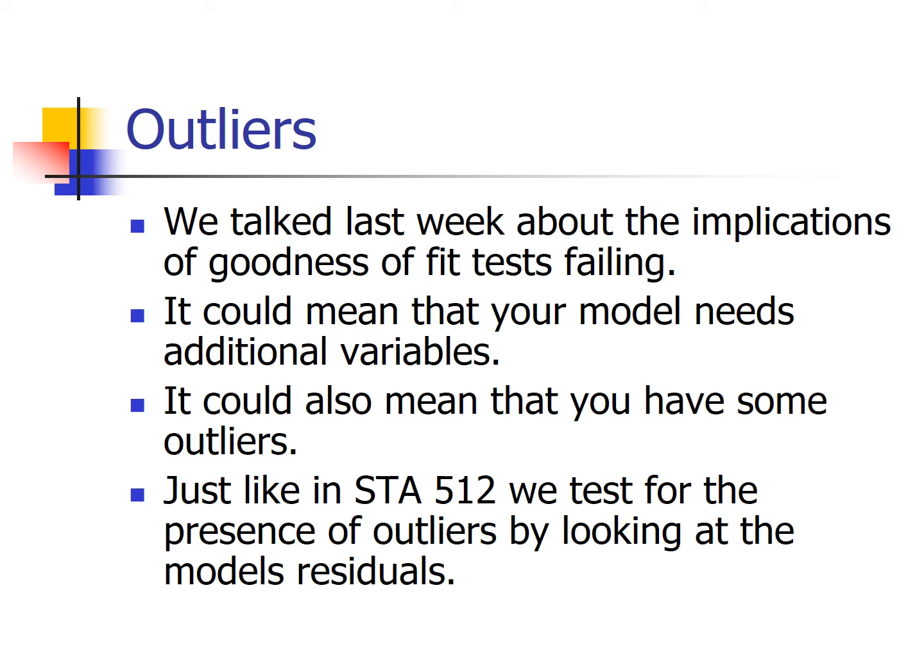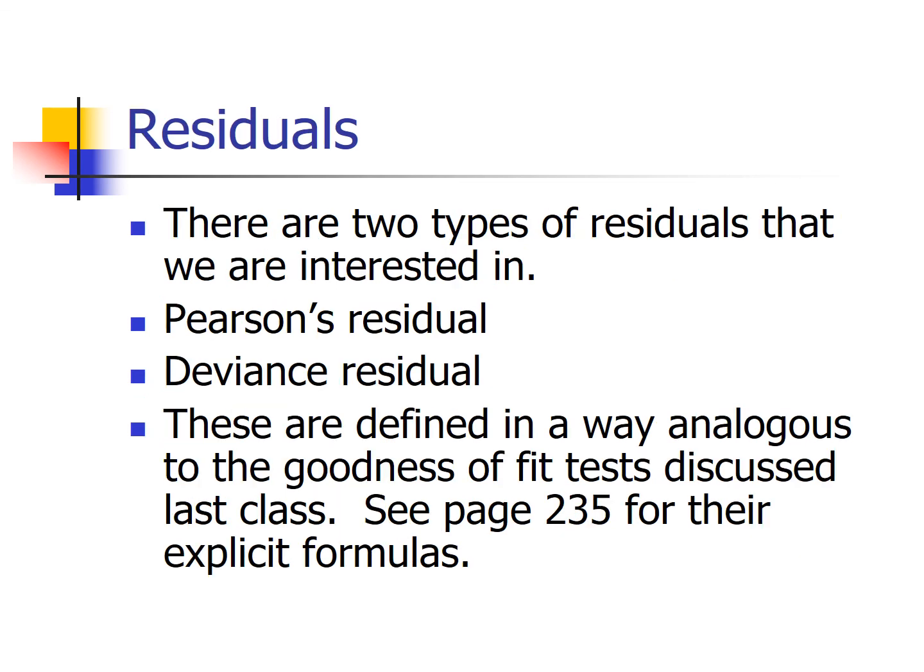These are kind of like the logistic regression version of standardized or studentized residuals. There are two types of residuals that are often looked at in logistic regression, and lo and behold, here's this little deja vu: a Pearson's residual and a deviance residual.